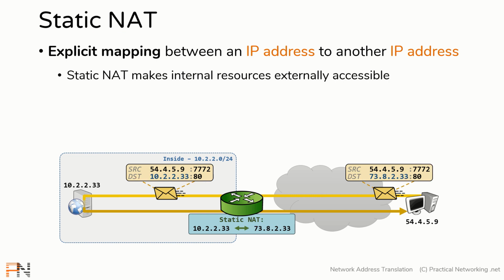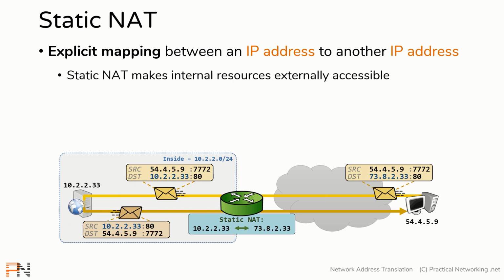Either way, when this packet then hits my internal resource, it will respond. When a response packet is generated, essentially the source and destination fields are reversed, which means what was the source in this packet is now the destination, and what was the destination in this packet is now the source.